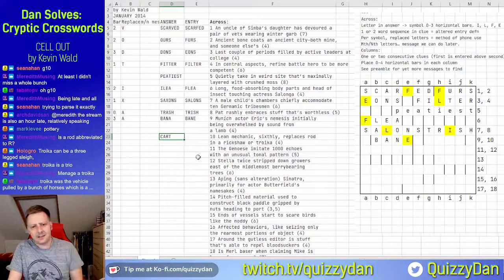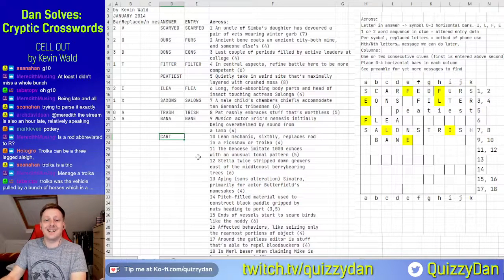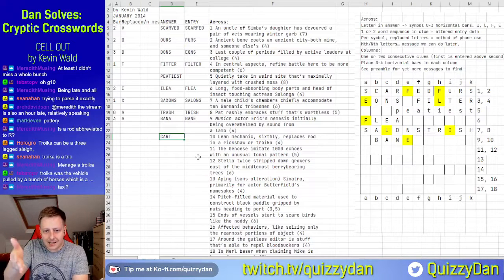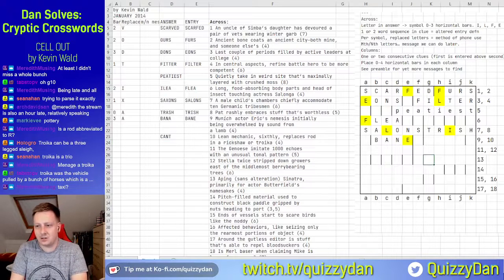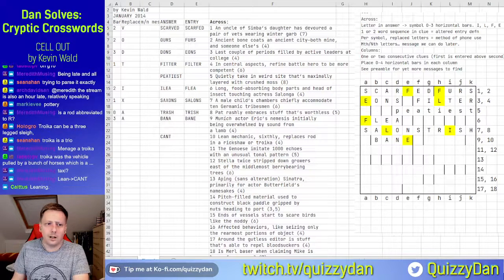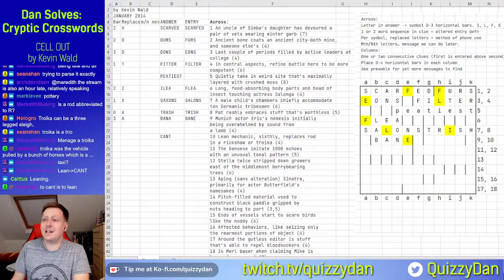So a cant. So a rickshaw or a troika is a cart. Mechanic, sixthly, is N, replacing the R from rod. We get a cant, which is hopefully meaning lean. To cant is to lean.